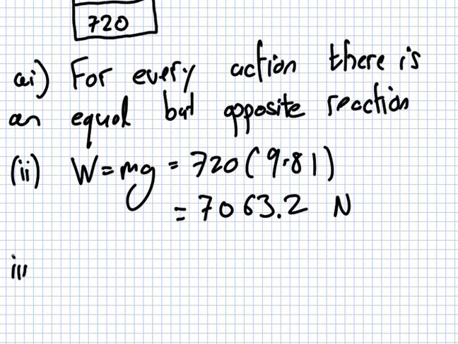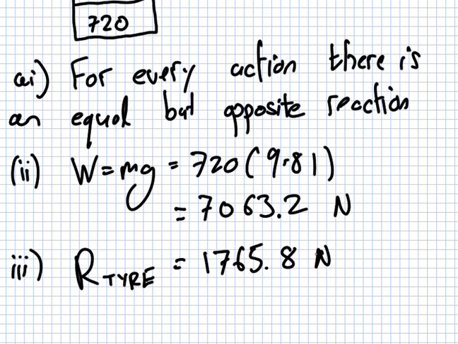So the reaction at a tyre, oh wait, no, don't spell it the American way, T-Y-R-E, is 1765.8 newtons. So, how many marks for that now? 4. Yeah, that's okay. 4 marks here for that.